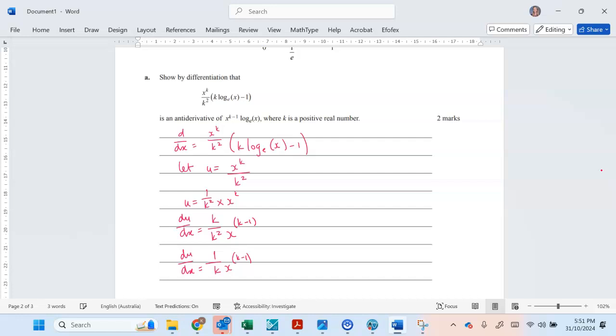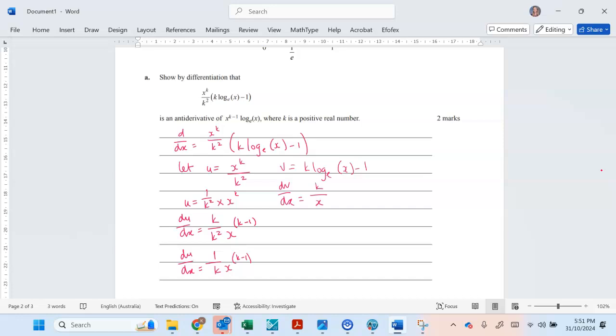All right, and then I'm going to let v equal the function in the bracket, so k times log e x minus 1. So dv dx is equal to, the k is going to be multiplying that, so it's just k on x.